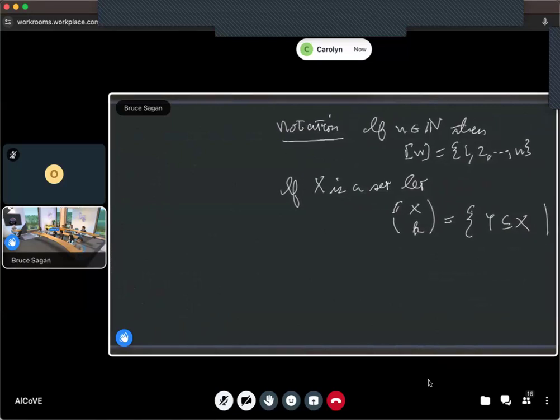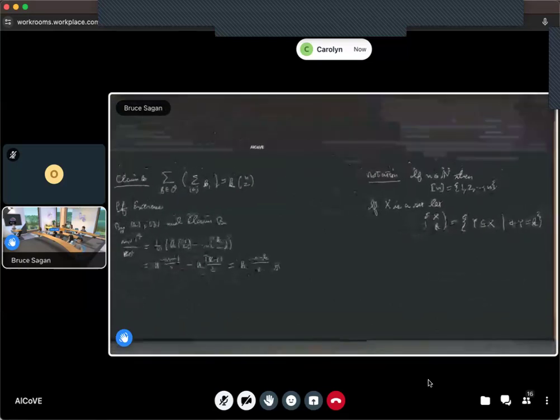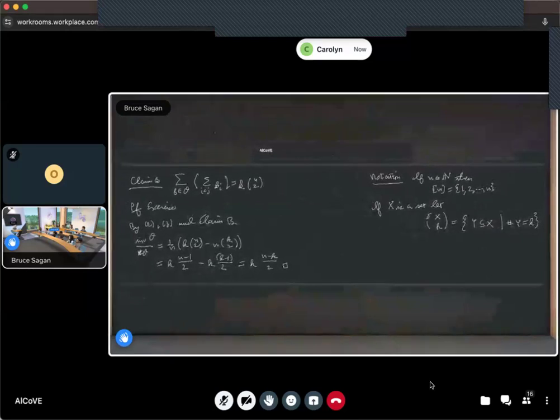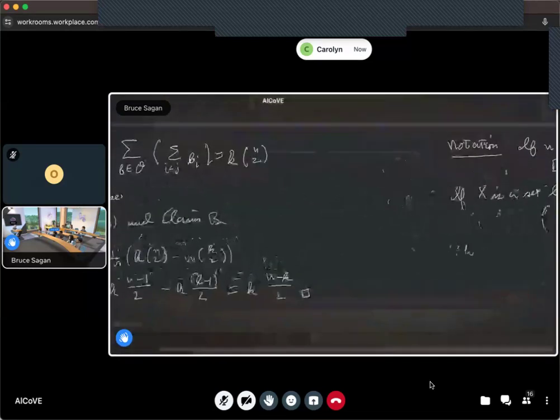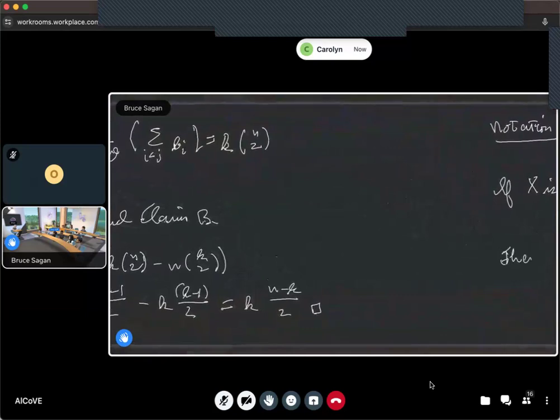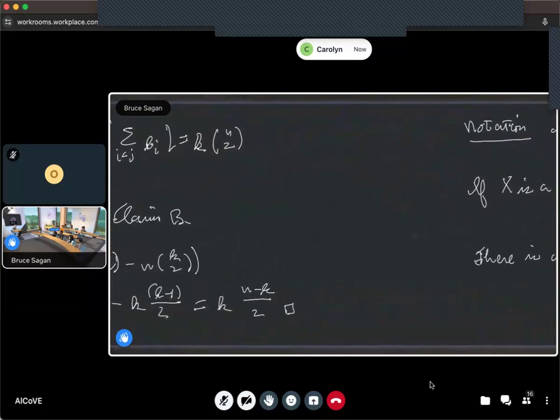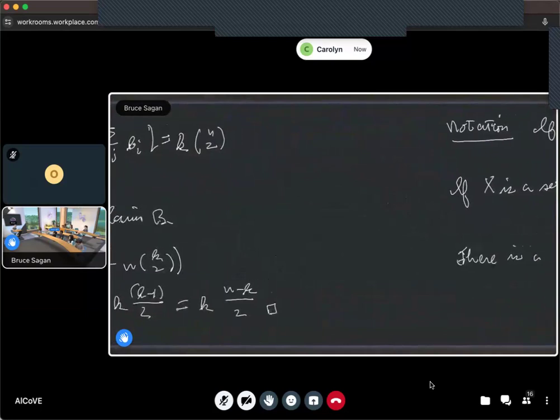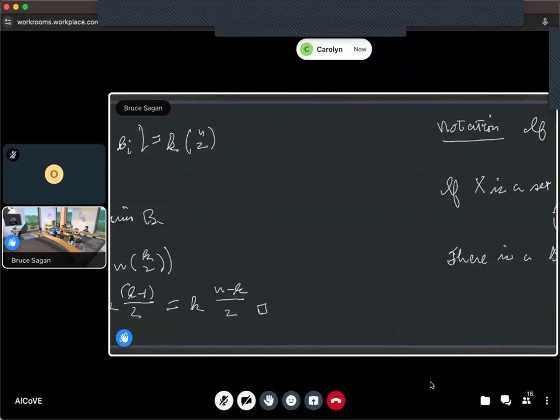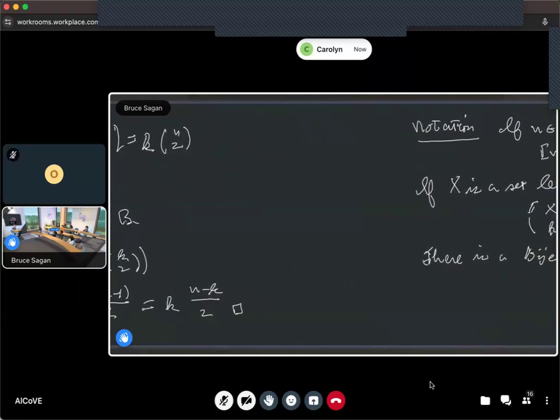We're going to be talking about subsets here rather than bit strings, but there's a well-known bijection. It's the bijection that basically takes a bit string to its set.